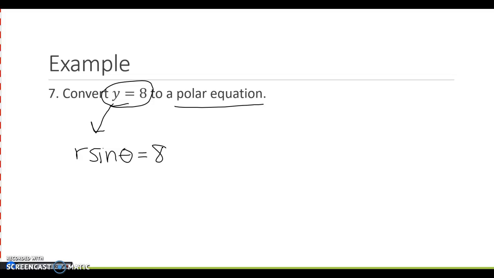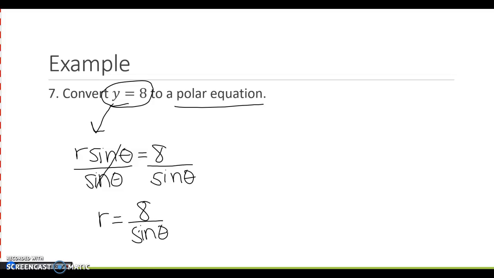Polar equations are typically solved for r. So in order to get r by itself, I'm going to divide by sine of theta. So then I end up with r equals 8 over sine of theta. Thinking back to when we were looking at identities, I don't want to leave sine of theta in the denominator.